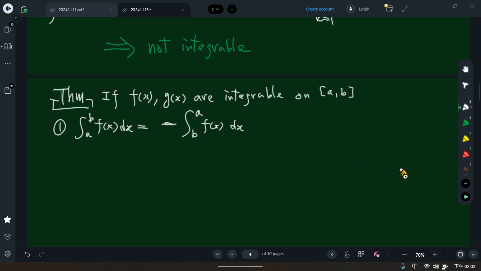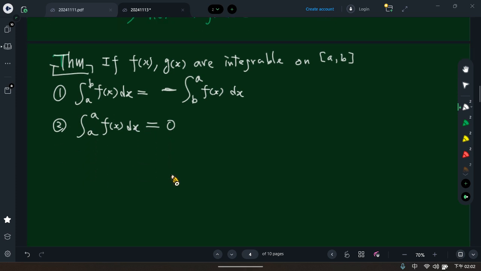Okay? And the second one, integral a to a, the result will be 0. Because a to a will be a single point. So the length for a single point should be 0. So the result, of course, also 0.